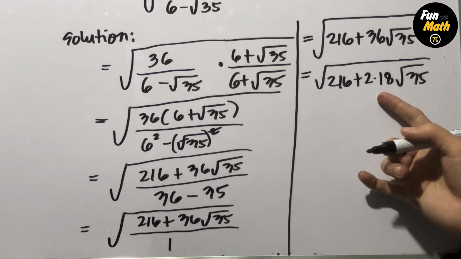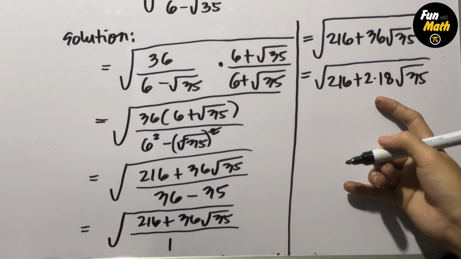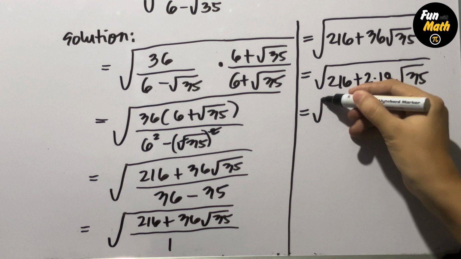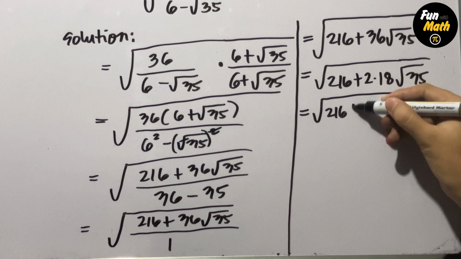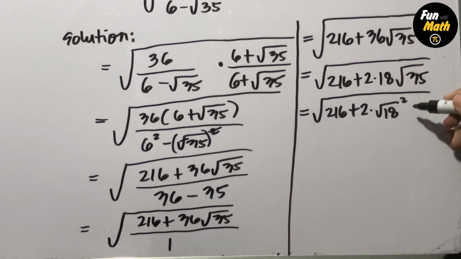Next, for 18, we can write it as square root of 18 squared. So this equals square root of 216 plus 2 times square root of 18 squared times square root of 35.